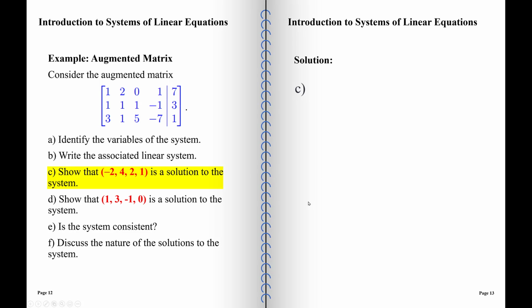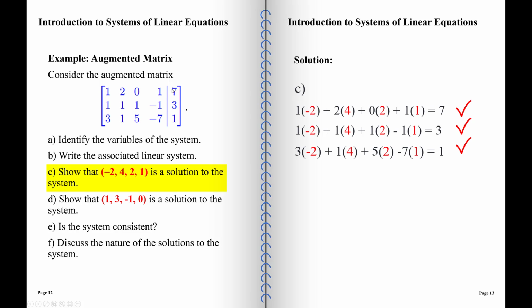Show that the ordered quadruple, -2, 4, 2, 1, is a solution to the system. To do this, we have to plug it in to each of the 3 equations in turn to show that it is a solution. If it's not a solution, if we plugged it into the first equation and we did not get a true statement, it would not be a solution to that equation, and then consequently it would not be a solution to the system.